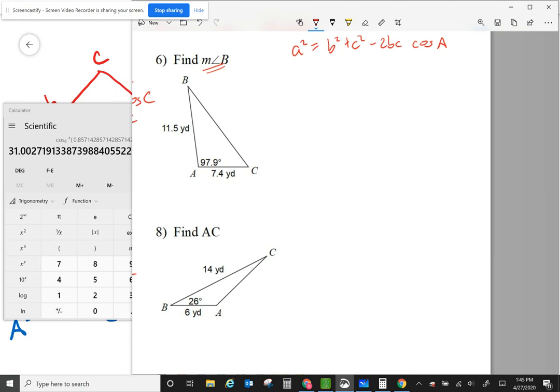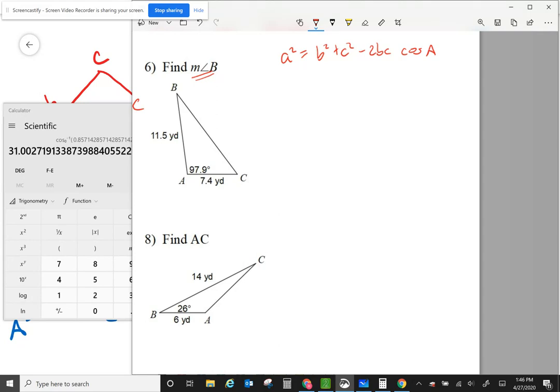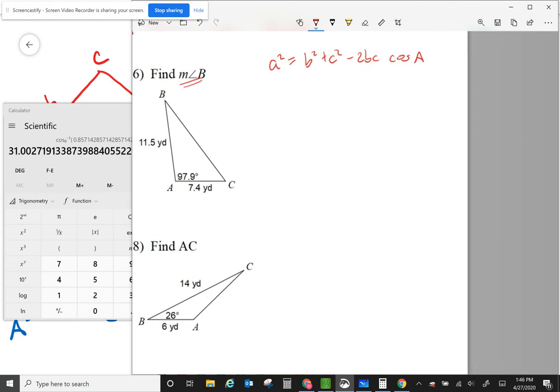Angle A, side A. Angle B, side B. Angle C, side C. I don't have two of the same letters, so I cannot use law of sines. I have angle A, so I'm going to use law of cosines. Remember, when you have two of the same letter, you use law of sines. When you don't, law of cosines. I have angle A, so I'm going to use the first one, the one that has cosine of A.